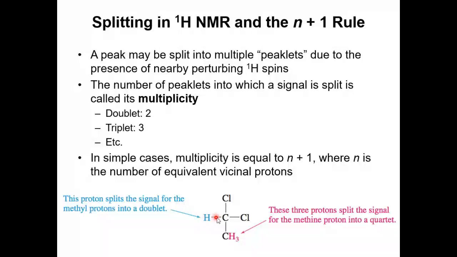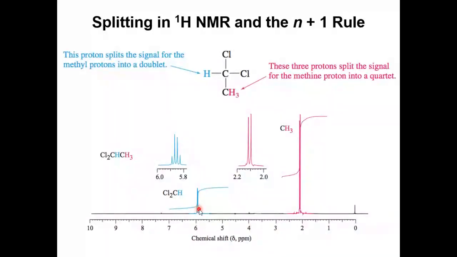What do vicinal protons mean? This blue proton connects to this carbon, so you count the number of protons connected to the neighboring carbon atoms. Its neighboring carbon obviously is this carbon, and you have 3 protons connected to it. So the signal of this blue proton will split into 3 plus 1, 4 lines. So that's how you know the multiplicity.